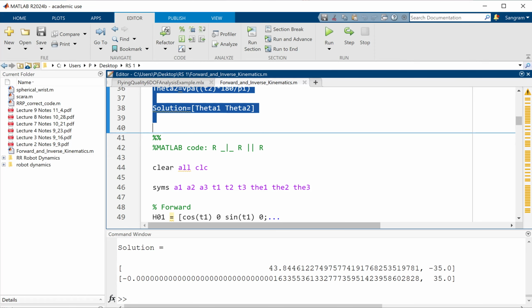So in the assignment that I have asked you, the first two parts are basically substituting the right values for A1, A2, A3, P1, P2, P3, and then you'll be able to solve the forward kinematics problem.